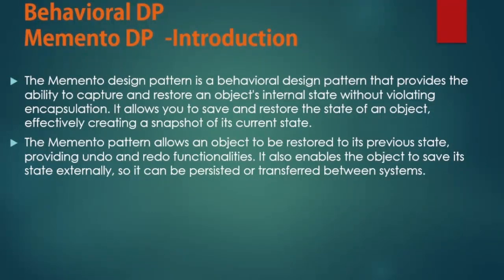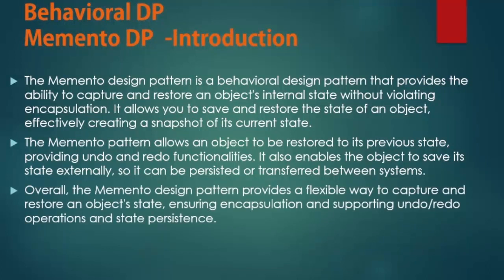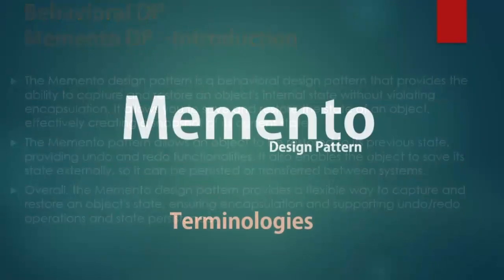It also enables the object to save its state externally, so it can be persisted or transferred between systems. Overall, the MEMENTO Design Pattern provides a flexible way to capture and restore an object state, ensuring encapsulation and supporting undo and redo operations and state persistence.